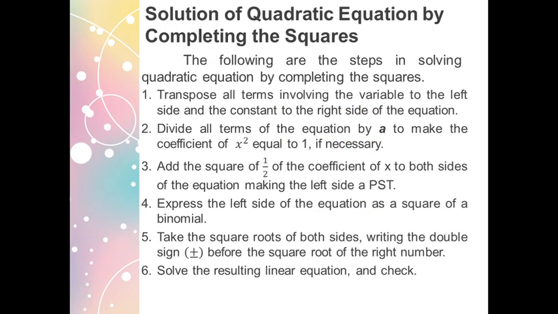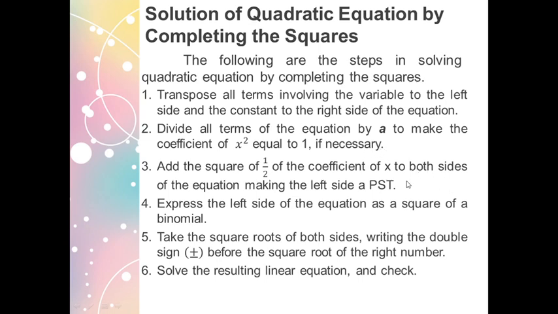The following are the steps in solving quadratic equation by completing the square. Number 1, transpose all terms involving the variable to the left side and the constant term to the right side of the equation. Number 2, divide all terms of the equation by a to make the coefficient of x squared equal to 1 if necessary.